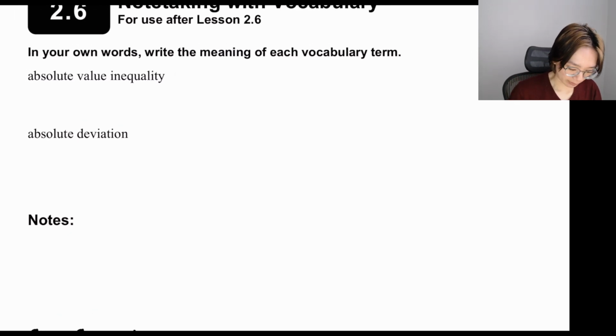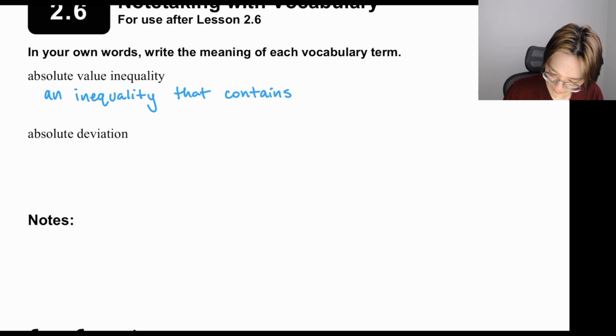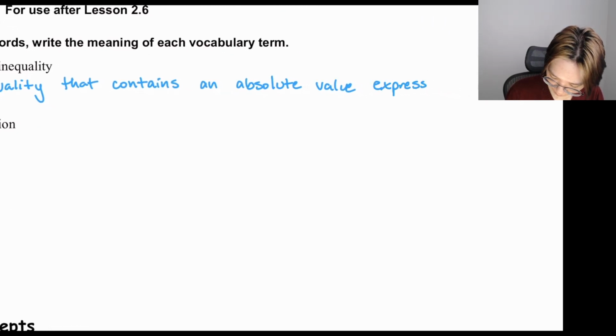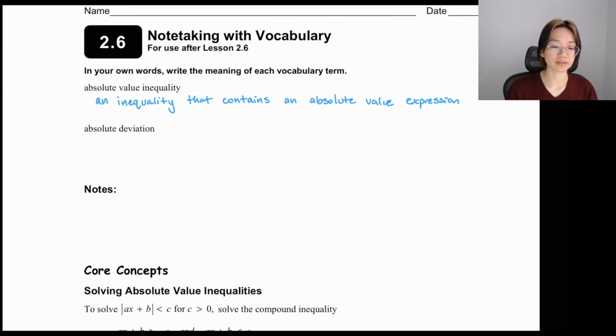Absolute value inequality: an inequality that contains an absolute value expression. Crazy how that works. An absolute value inequality is an inequality that contains an absolute value expression. It's an inequality that has an absolute value in it.